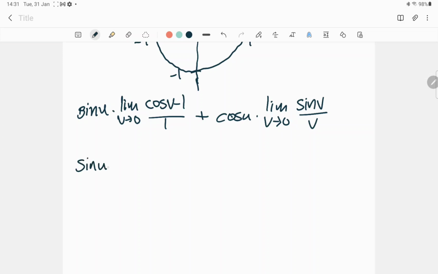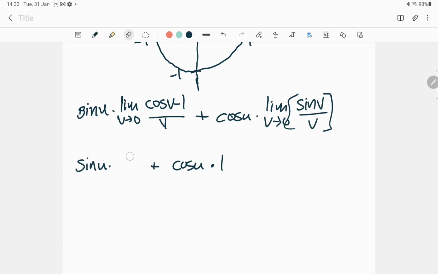So we get sine of u times 1 minus 1, that's over v, plus cosine of u, and the theorem here says that sine over 0 gives us 1, and this will be 1 minus 1, which is 0. And v goes to 0, but it's not exactly 0, because if it was 0 it would be undefined, but 0 over some really small value, even though it's 0.0000, etc., will give us 0.